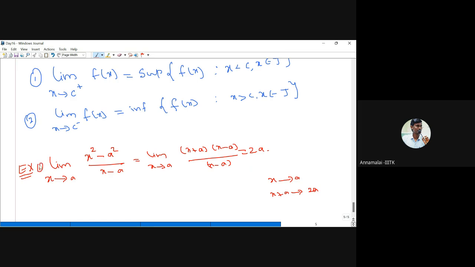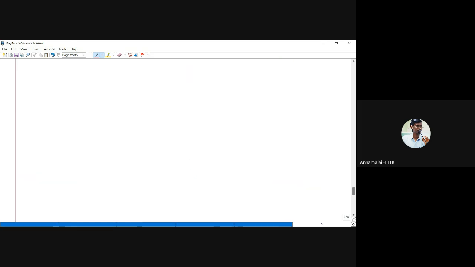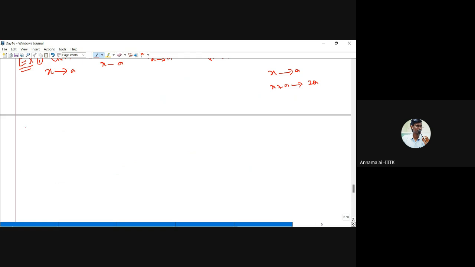Now, the second one. Suppose we have a function like limit x goes to 0, x into sine of 1 by x. Then what is the value of this?